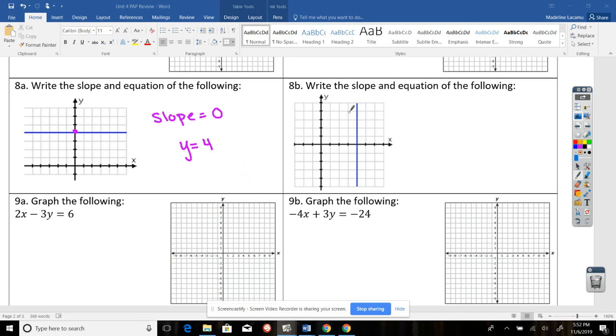If we have a vertical line, that means our slope is undefined. And if we have an undefined slope, that means our equation will look like x equals some number. And if you notice, our x-intercept here is a positive 4, so x equals 4. So 0 slopes are y equals. Undefined slopes are x equals.